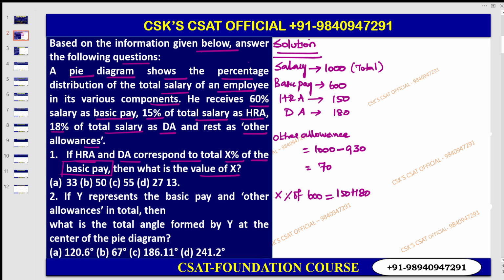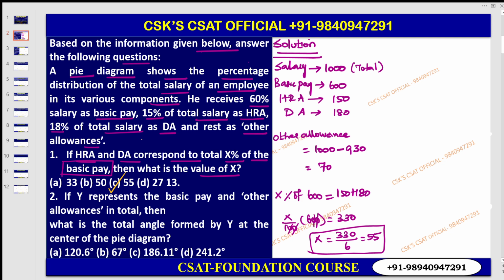So X by 100 of 600 is equal to 330. The zeros get cancelled. Therefore X is equal to 330 by 6, which is 55. So the option for the first question is C. 55 is the correct answer.